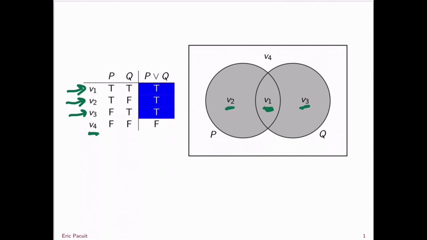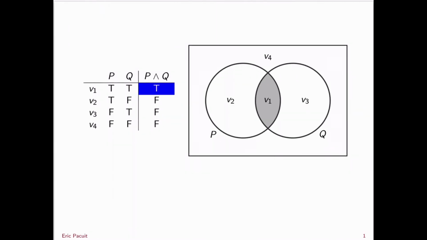V4 is not shaded, or the region containing V4 is not shaded, because P or Q is false in that region. And we can visualize other propositions in a similar fashion. For P and Q, we're going to shade the region containing the row, or the situation, that makes P and Q true.